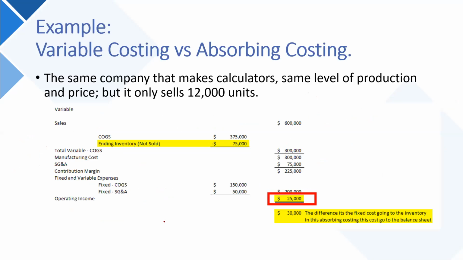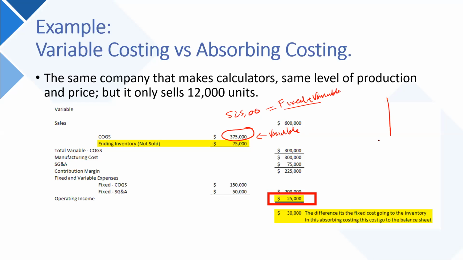So what's going to happen? Well, first off, if you have it by behavior, that means that instead of having 525,000, you only have variable, because this was fixed plus variable in the absorbing costing, and in this one it's only variable.